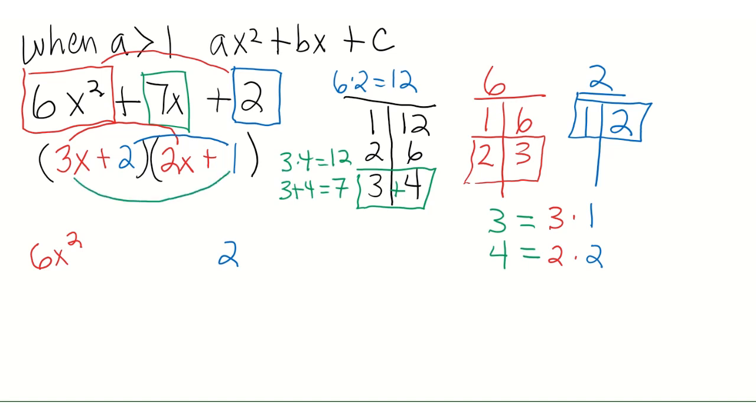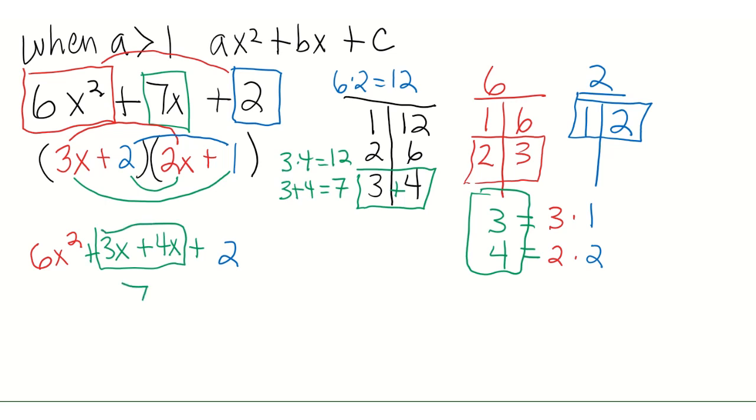When I do the outer numbers, that's going to give me a 3x. When I do the inner numbers, that's going to give me my 4x. What we were looking for was that these add together. That's going to give me my 7x. And I see that I have my equation.